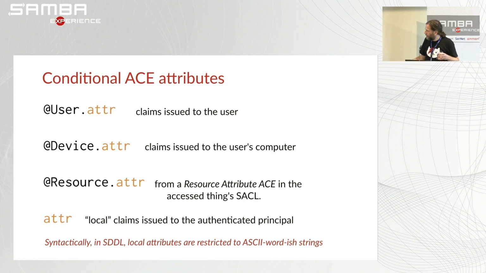I think that might be an earlier part of it. They didn't really realise that they needed user and device attributes, and there's a whole different syntax for how the local attributes work. These ones can have pretty much any string in them, whereas the local ones are sort of like the kind of string you can have in a name you could use in C.